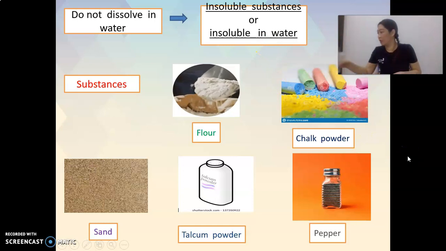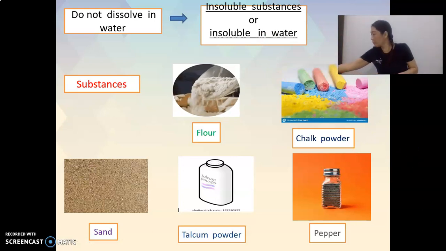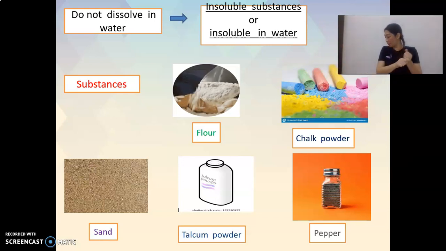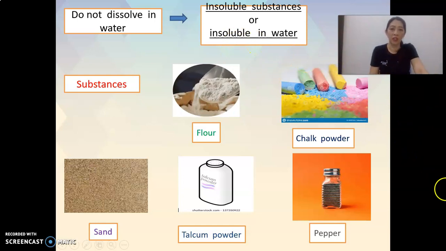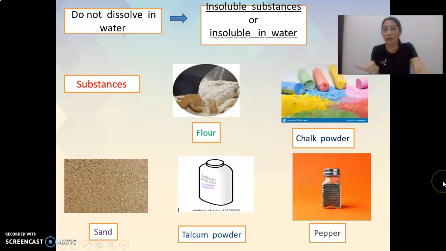So that are the examples of the substances. That is the difference between soluble in water and insoluble in water. So again, dissolved in water is soluble in water. Do not dissolve in water is insoluble in water.